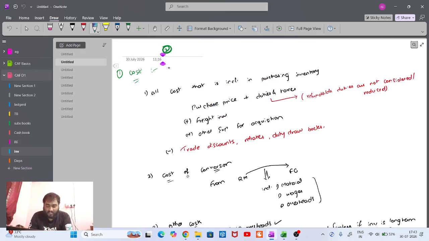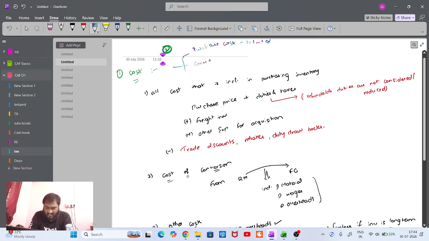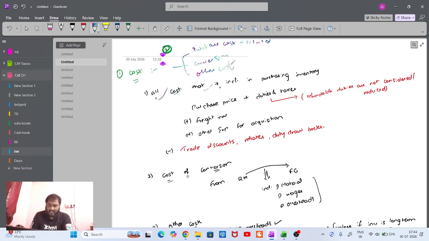What do you mean by cost? Cost has three elements. Purchase cost, conversion cost, other cost, or cost that is included in purchasing the inventory.